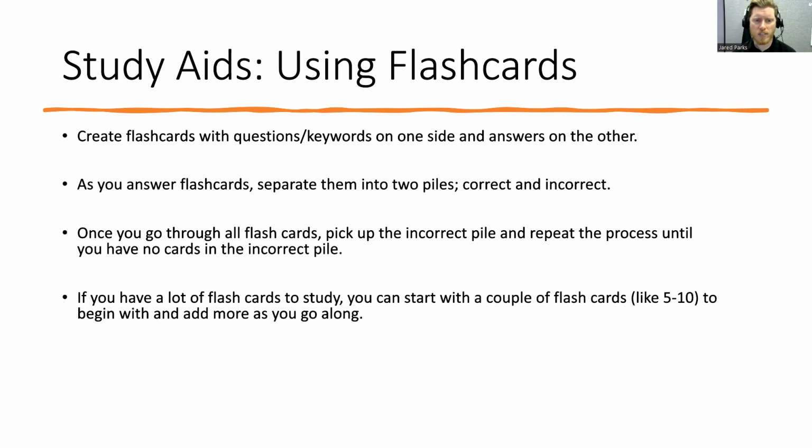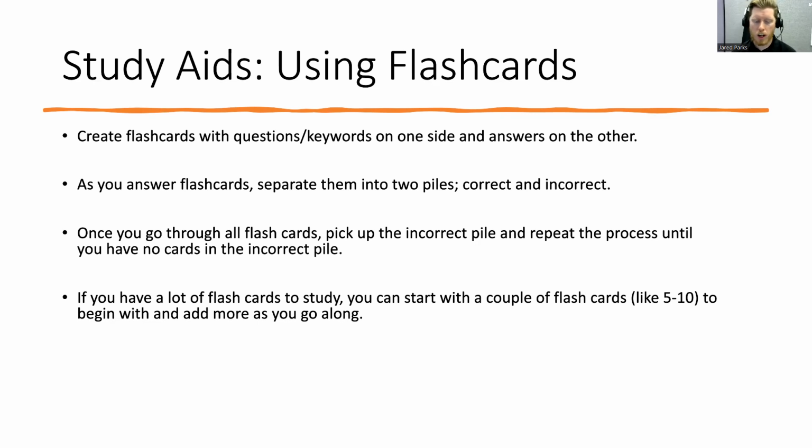And if you have a lot of flashcards, like you went through and made flashcards of all 100 vocabulary words, then I would start by choosing 5 to 10 flashcards to begin with, and just do those.